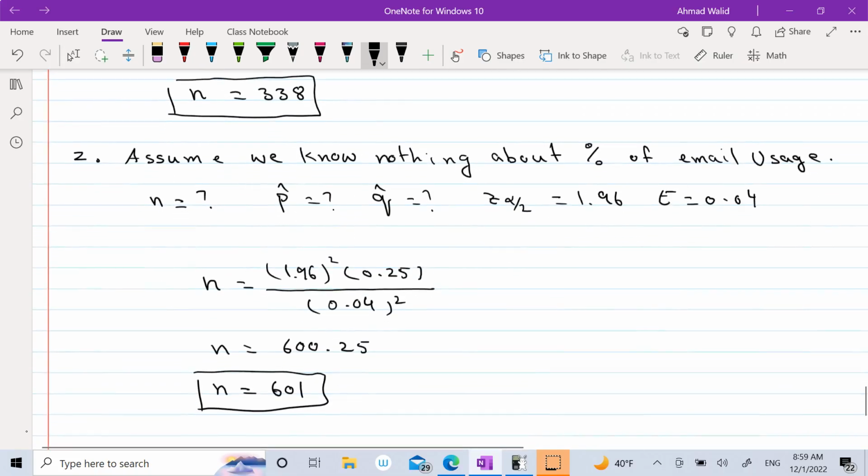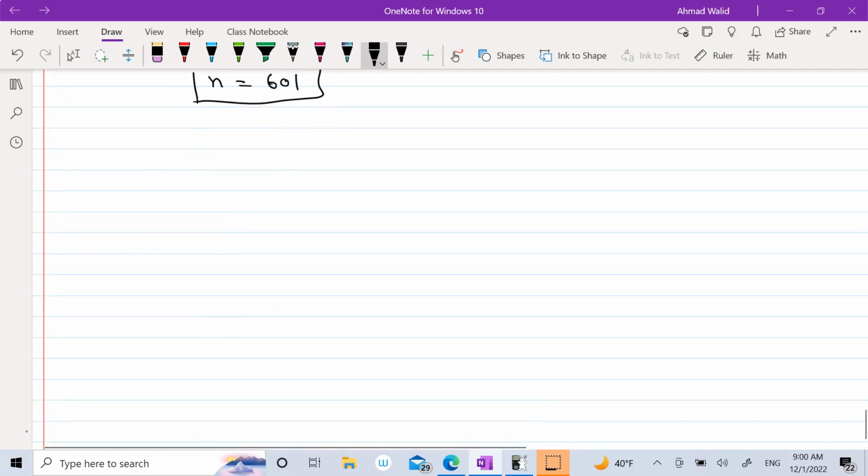But here in part 2, our sample size is bigger because we counted 50% for our p hat, correct? 0.5 means 50% of people used. It's way different than 16%, right? 50% is too much. That's why you see your sample size is growing bigger, right? This is how you calculate the sample size if the margin of error is given.